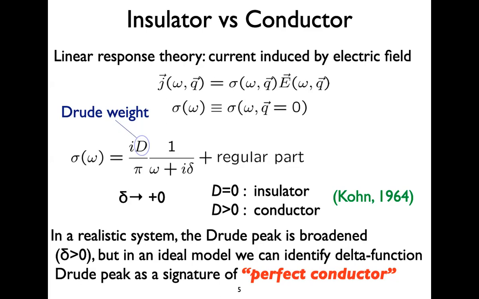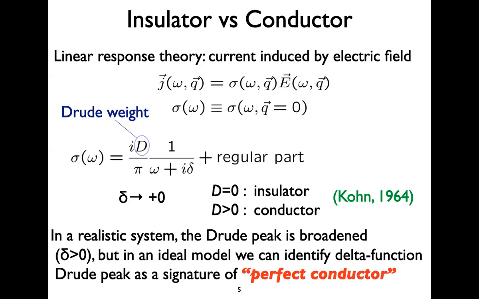Of course, this is in some ideal limit. If you can compute this AC conductivity for a very idealized model, like a Hubbard model or something, then you might get it. But in a more realistic system, this delta function singularity can be broadened by coupling to phonons and so on.